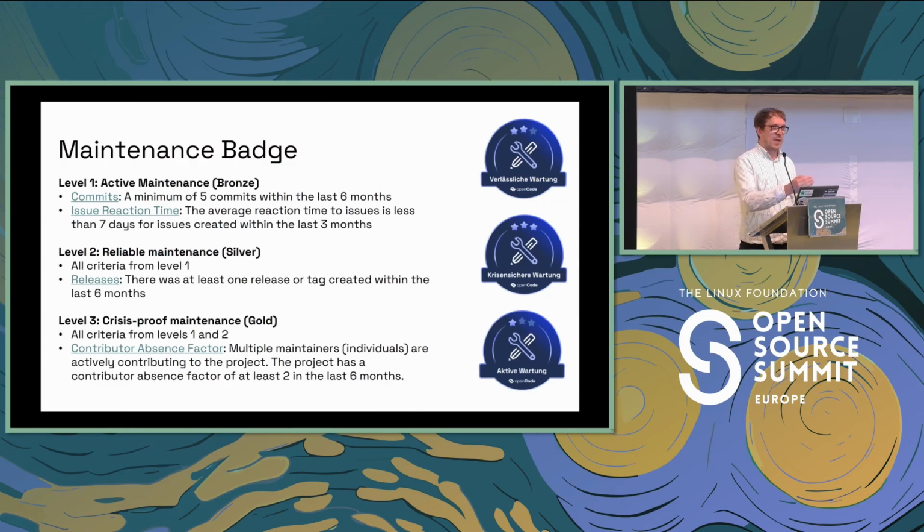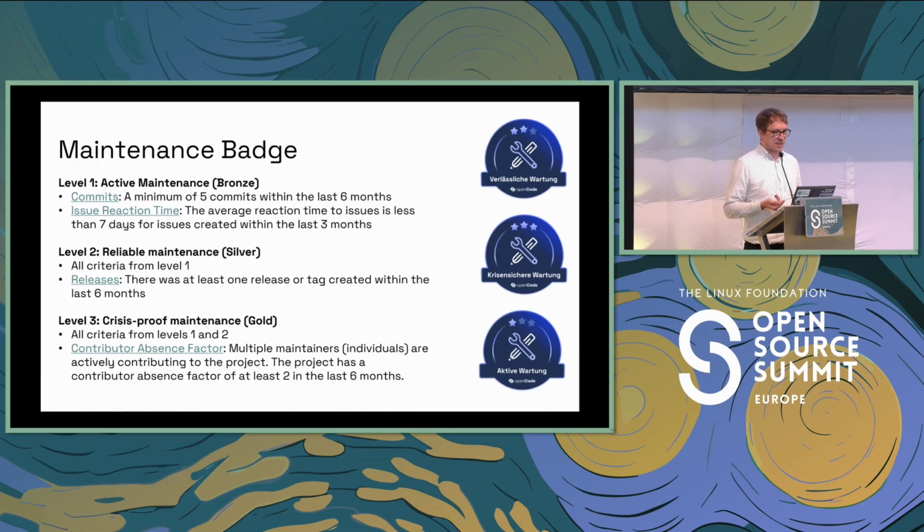So we came up with three levels of maintenance batch, which we're currently using. The first one is a lot about the number of commits on the specific projects. And then for sure it's issue reaction time, so if an issue comes up, how fast is the reaction to that.